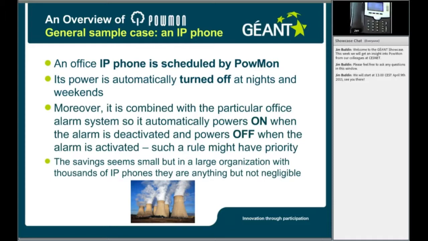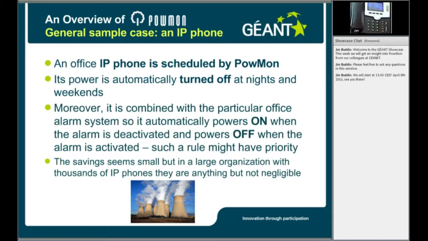And it can also be combined with other electronic systems like alarms and presentation or presence systems. When the user comes to their office, they don't see that the telephone doesn't work, because the alarm priority sets the telephone on via PowMon, and it's usable without any limitations.